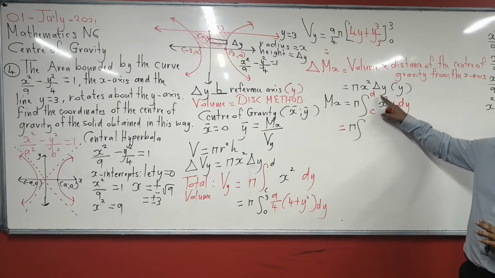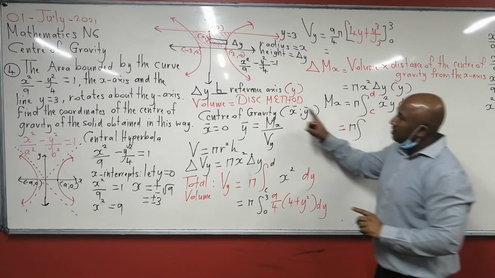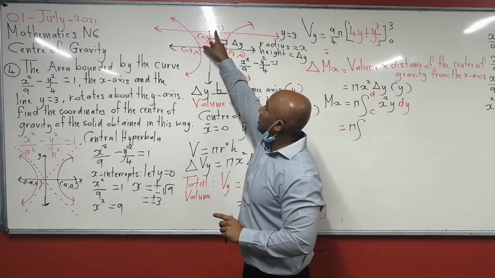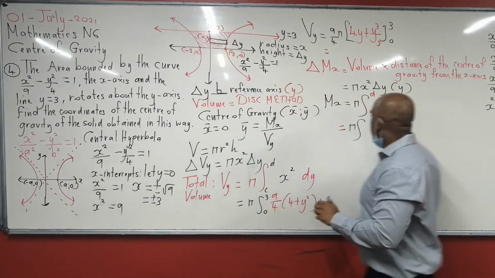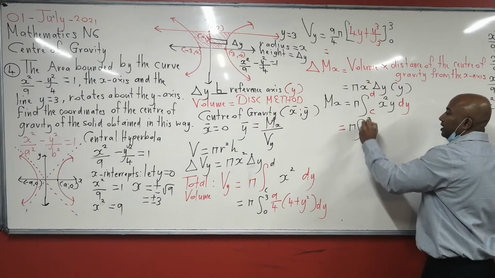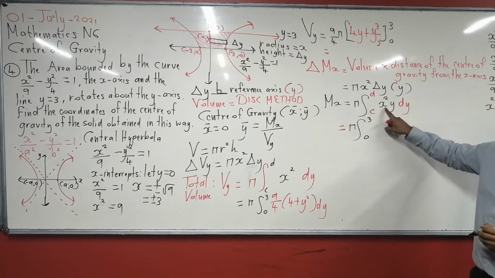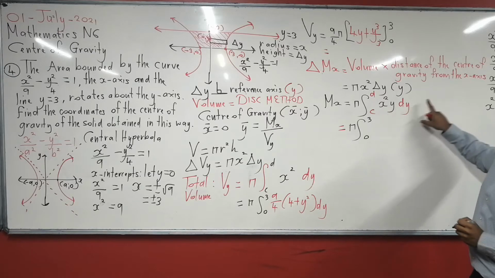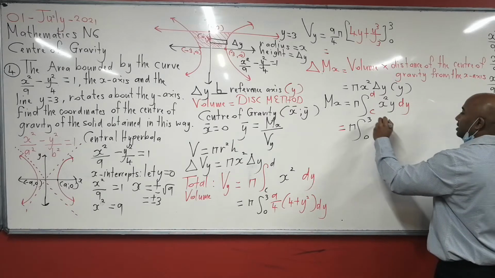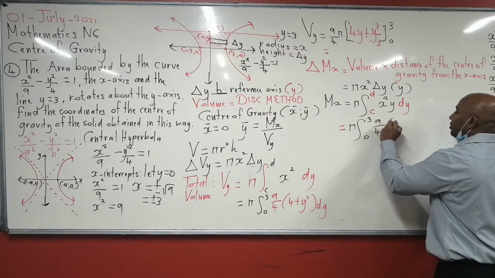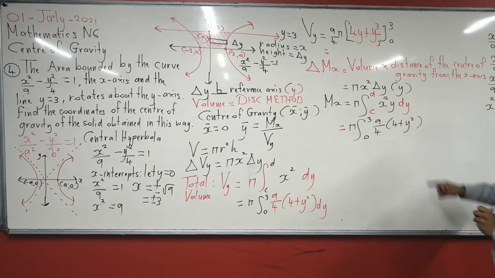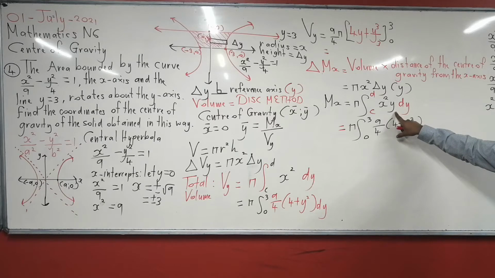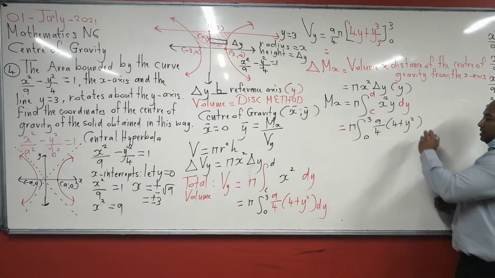It's the same d and c values. So the y value here is 3, the highest point, and the lowest point is 0. What is x squared? We just worked it out: 9 over 4 times 4 plus y squared. But this time it's being multiplied by y.